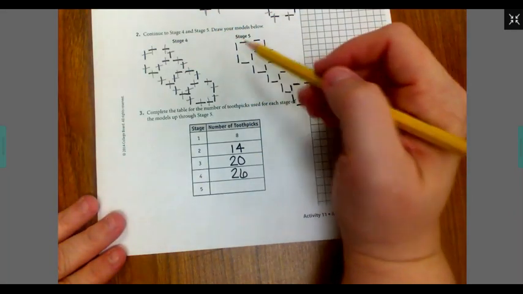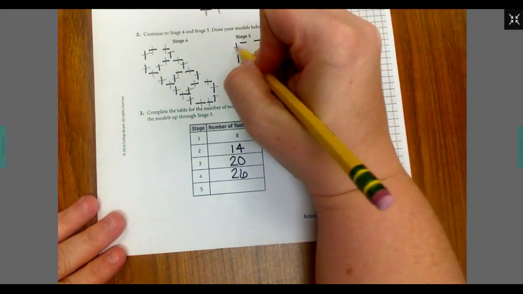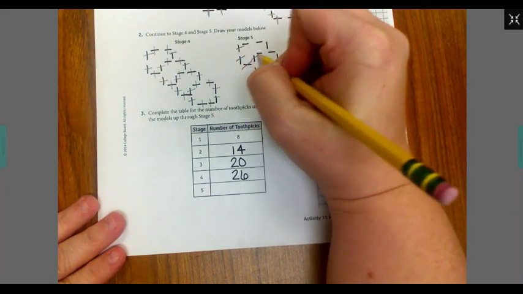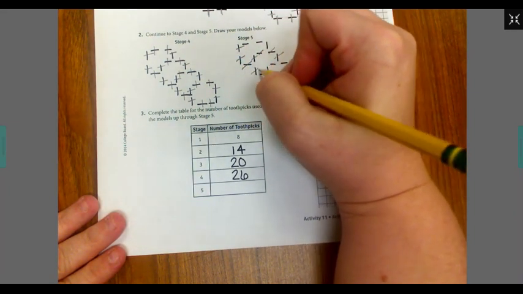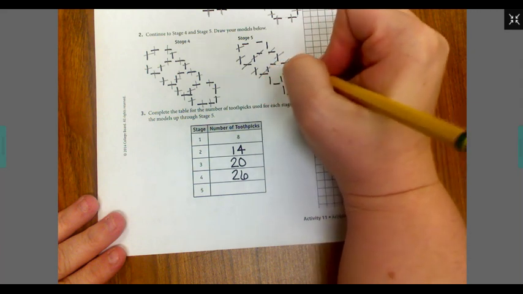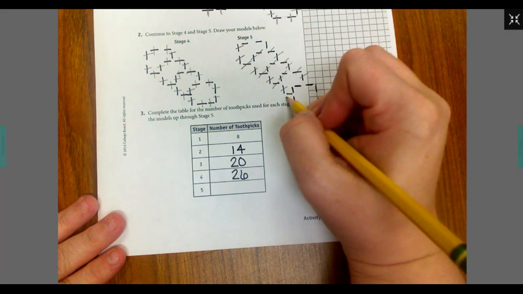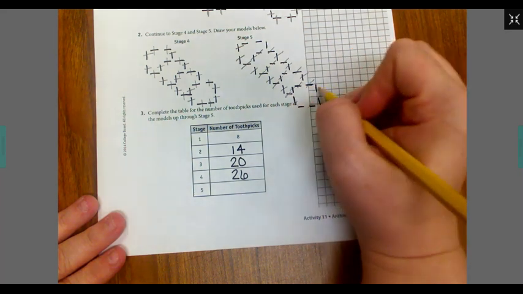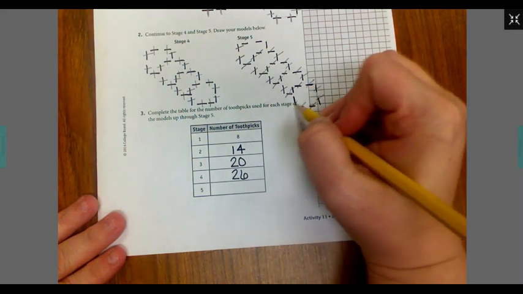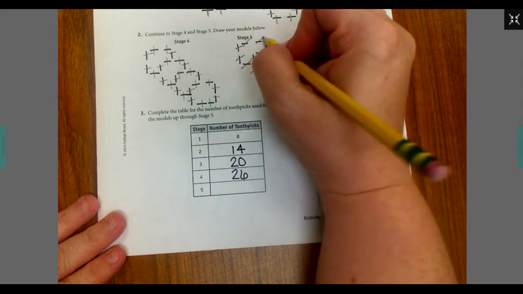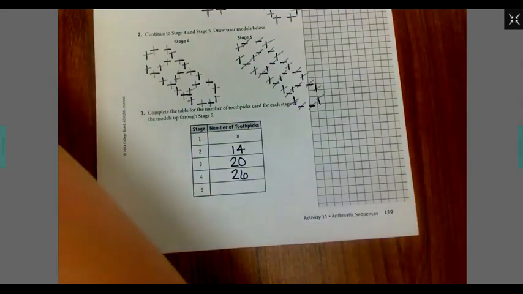Going to do the same thing for stage 5. I counted 32.